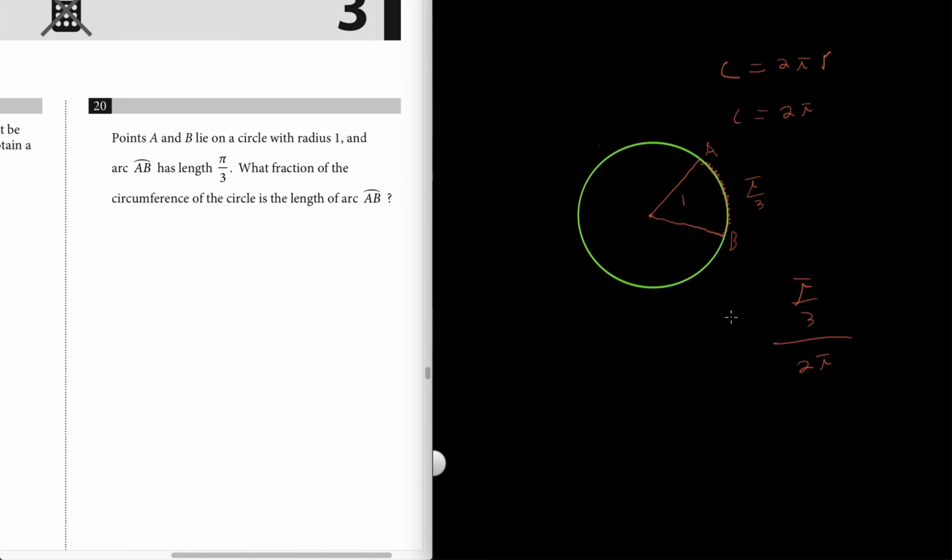So pi over 3 over 2 pi. And remember, when we divide a fraction by something, we can just multiply its denominator. So this is just pi over 3 times 2 pi. So the pi's go away. This is equal to 1 over 3 times 2, which is 6. So it's 1/6 of the whole circumference.